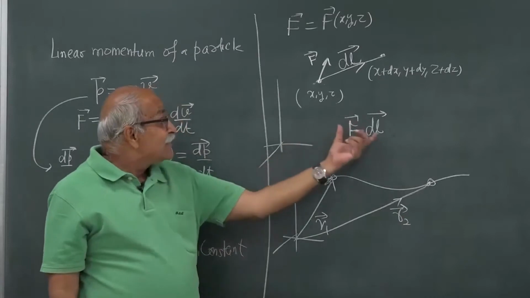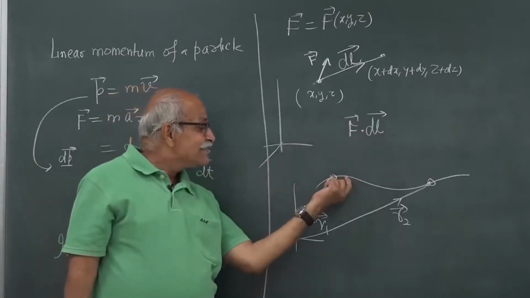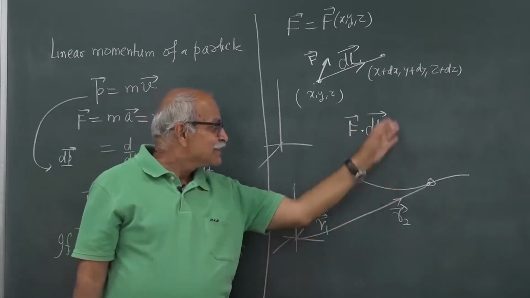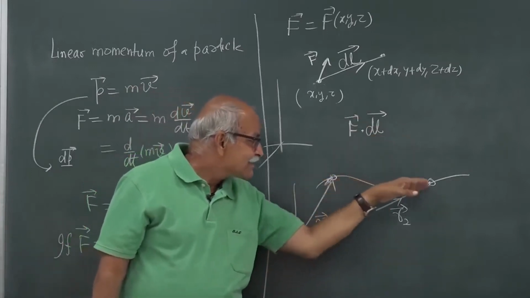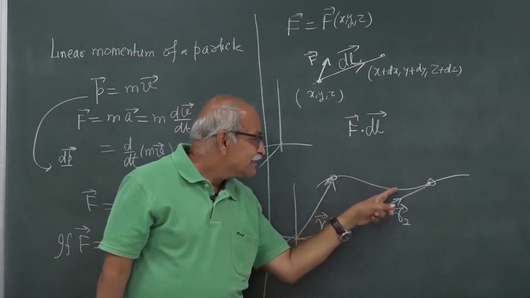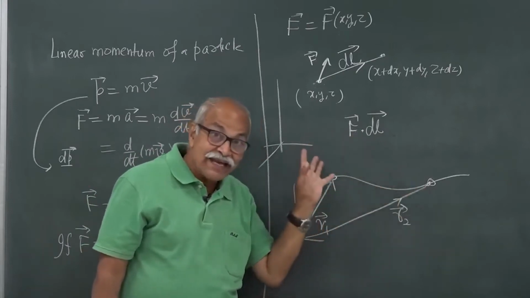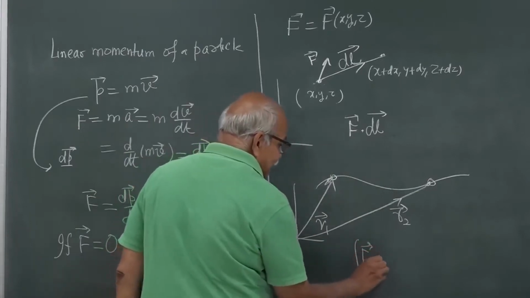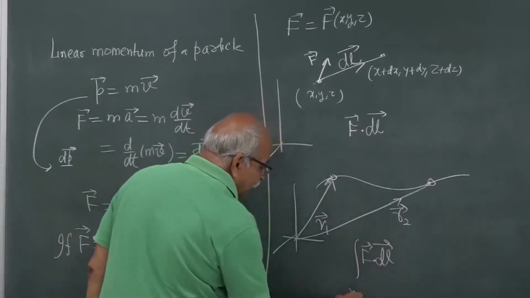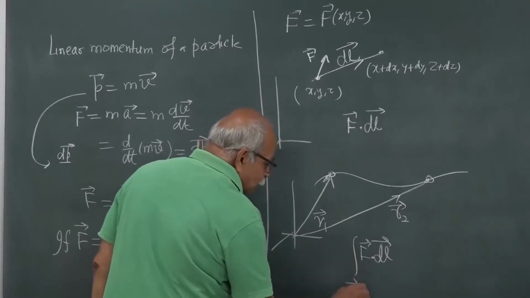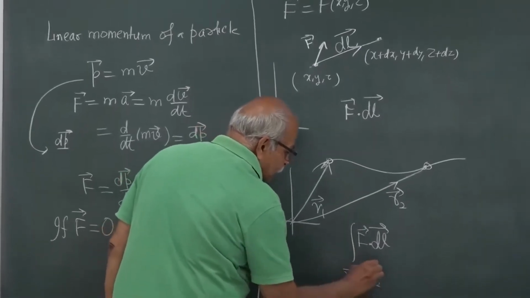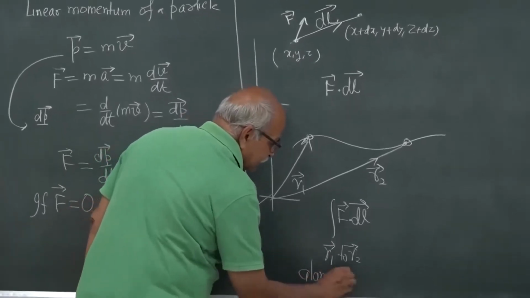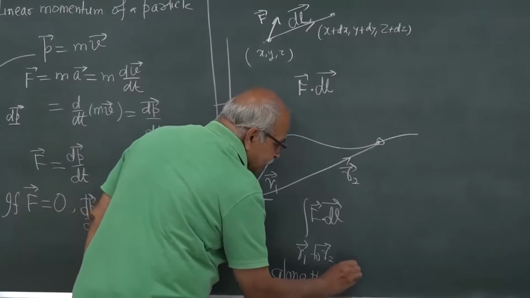I can add all these quantities, F dl here, F dl here, F dl here, taking infinitesimal lengths, constructing this and adding all that, and that will be the integral of F dot dl from r1 to r2 along the path given.